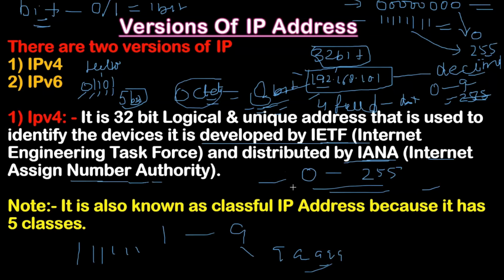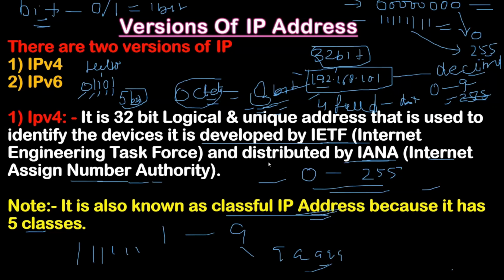So in every batch 20 or 25 students will be there, so that it will be easy to manage and easy to provide that service to each student. The same thing IANA did. IANA divided that 0 to 255 range into 5 classes. So that's why IP version 4 is known as classful IP address. Right? So IANA divided it into 5 classes.